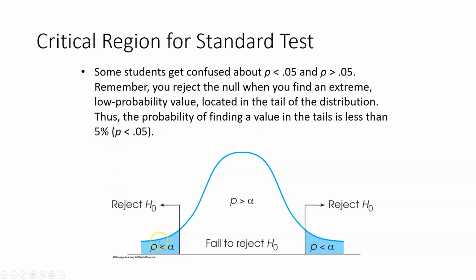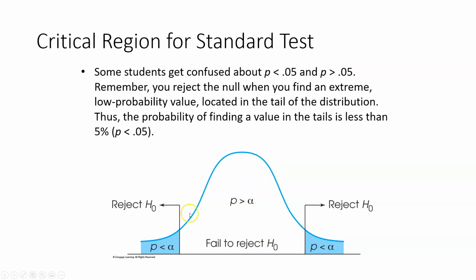So here it's 2.5%, here it's another 2.5%. And how often will you be able to find a sample mean in these tails? It will be less than 5% of the time. That's the reason why we say less than 5%, p less than 0.05, if we reject the null hypothesis.